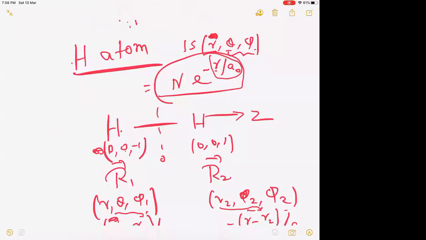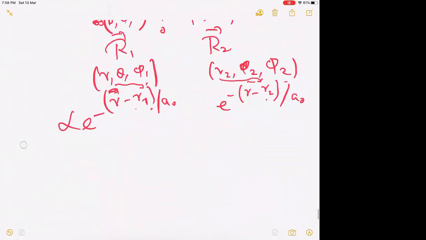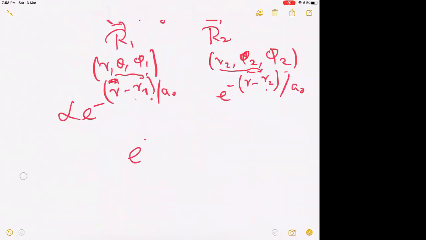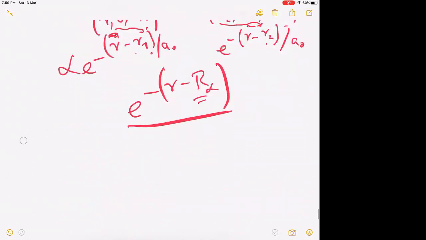Other orbitals, p orbitals etc., are more complicated, but they have a form very similar to this. What is important in this form is this exponential minus r minus some R alpha, the coordinate of the nucleus, let's say the alpha nucleus. This is a very important part in all these atomic orbitals, and these are usually called Slater atomic orbitals.